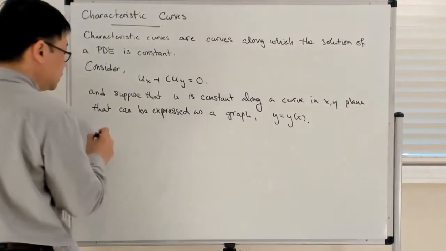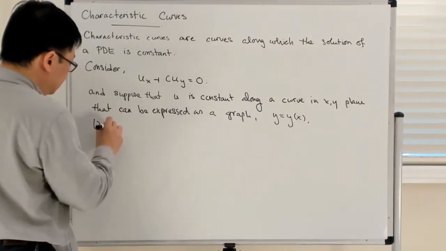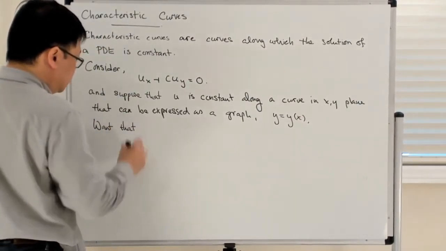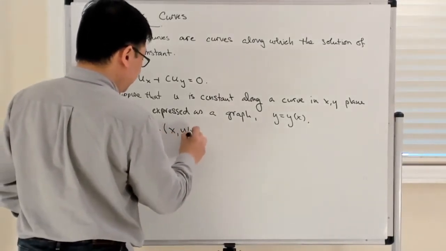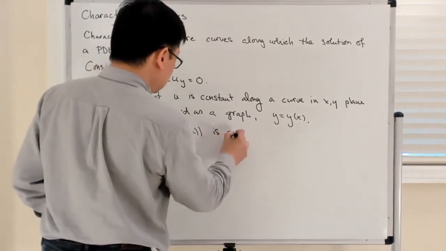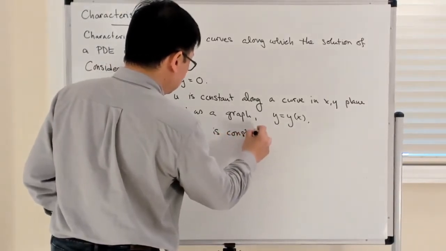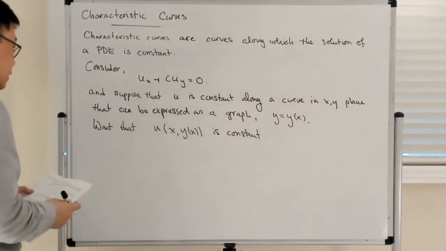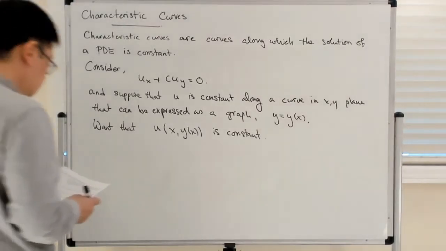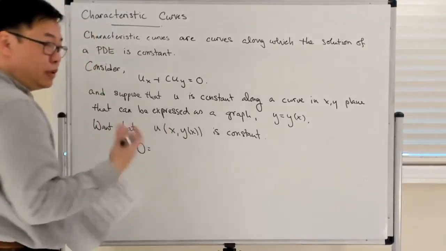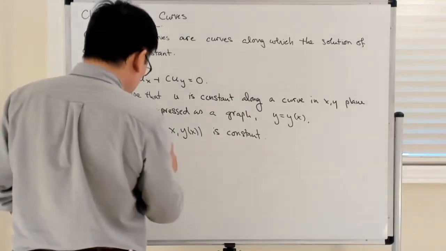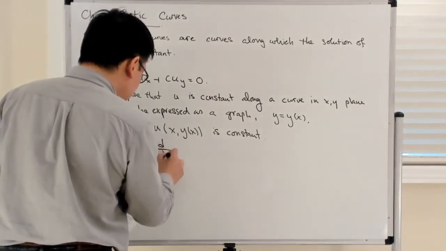So I want that u(x, y(x)) is constant for all x. That means that if I differentiate this with respect to x, the total derivative with respect to x of this should vanish.